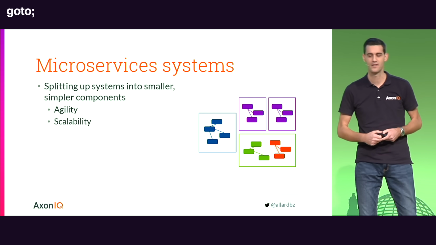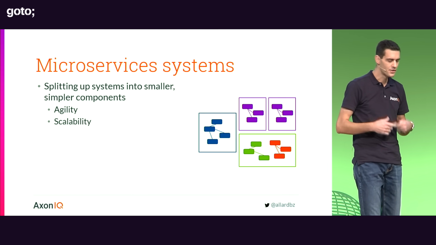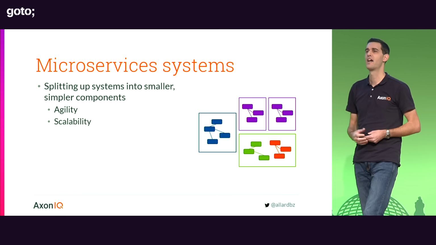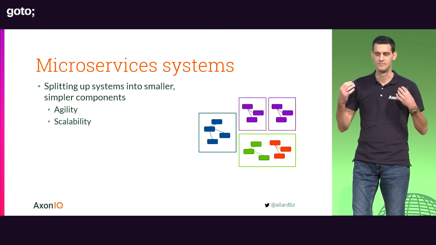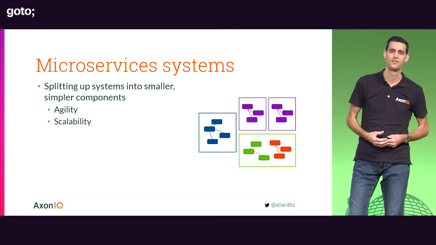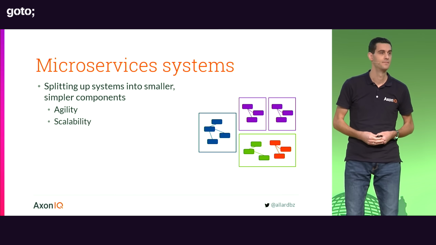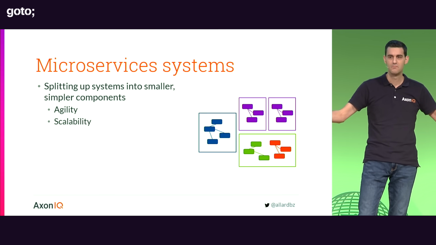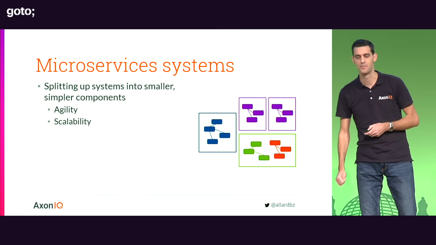We can move a lot faster, right? It also helps scalability, right? The amount of people you can have working on a single Git repository is limited, right? So if you split them up into separately deployable units, then okay, you can scale your organization much better.